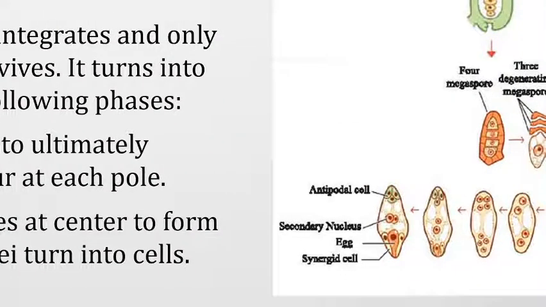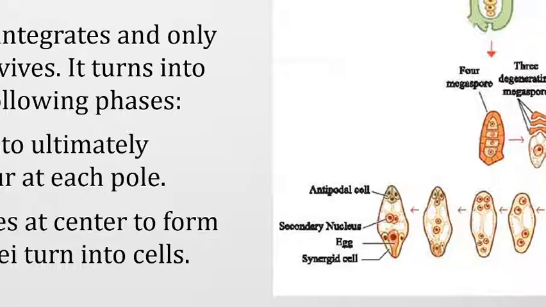Here we say that this pole is actually near the micropyle, near the pore of the ovule. So near the micropyle, the cell at the middle turned into the egg or ovum, and the two cells surrounding the egg cell are called synergid cells.